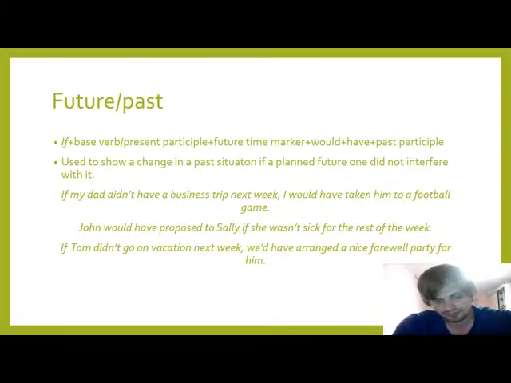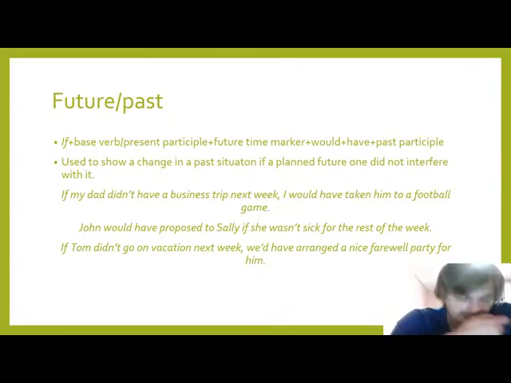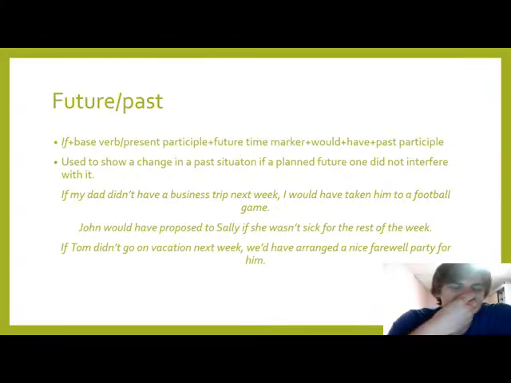John had a plan to propose to her this week. But sadly, since Sally is not on the healthy list this week, John's plans need to be postponed, and maybe some other day he will have his shot at proposing to Sally.